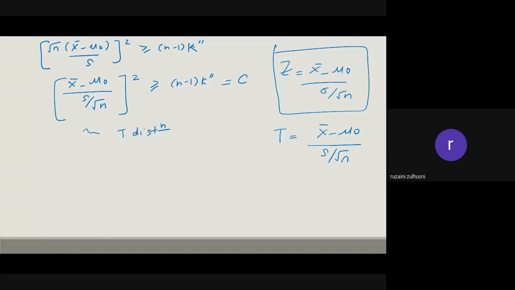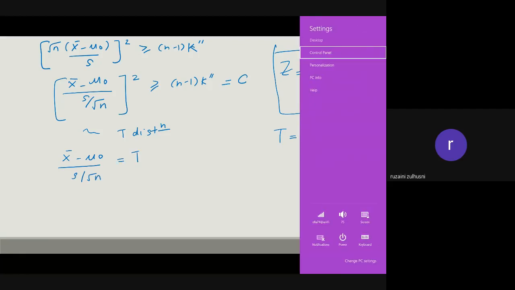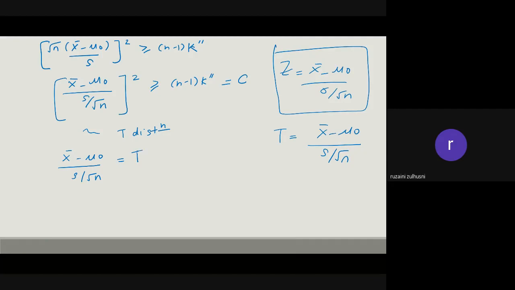Since we have the square value, x bar minus mu naught over s over square root of n, this one is your t. So that means t square is greater or equal to c. So you can write t greater or equal to c, or t less than or equal to minus c.